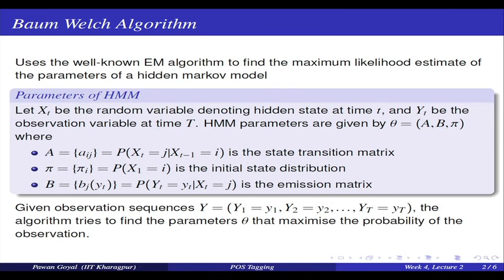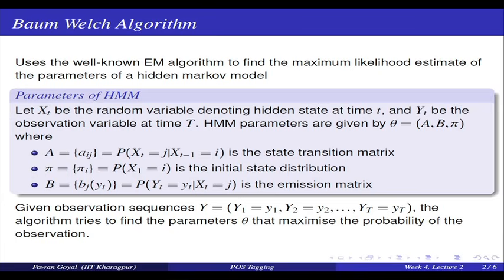Now what is given to me? We are given the corpus, not labeled, but the word sequences are given. So my observations are given, different sentences are given. I know what different words occurred in the sentences. So I am given a set of observation sequences: the first observation was the word y1, then y2, up to some y_T, where y_T denotes the end of the sentence.